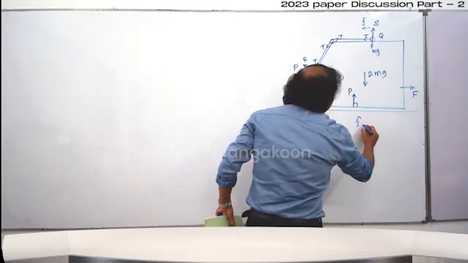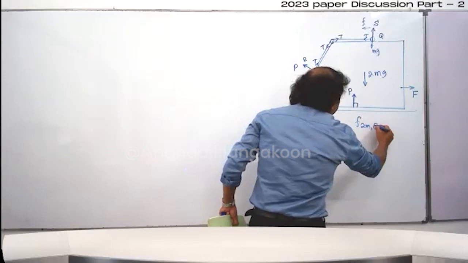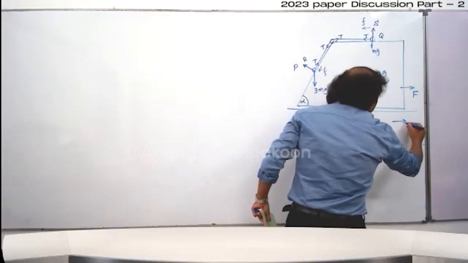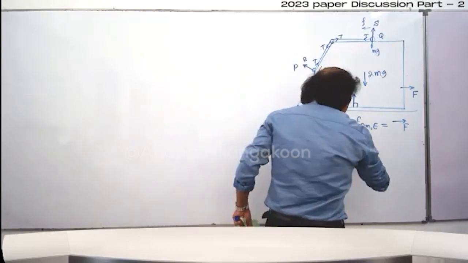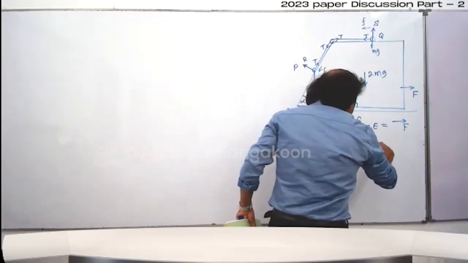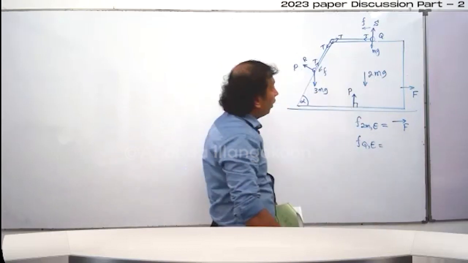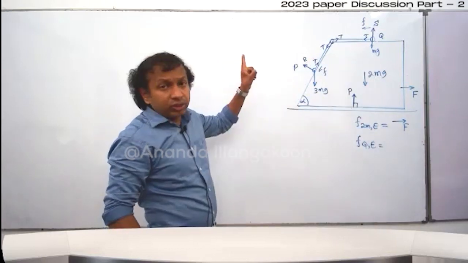Then we can write the acceleration of this 2m, that means the wedge relative to earth, rightward. Acceleration of Q relative to earth: Q moves this way, simple f leftward.